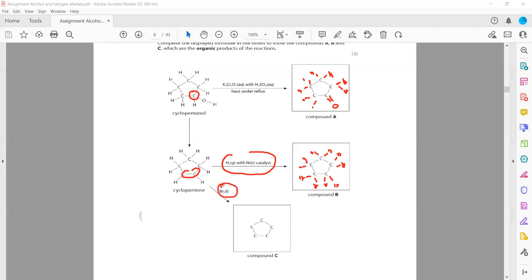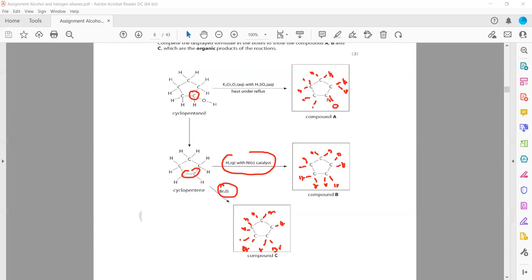Then if we add bromine, it will decolorize, and again an addition reaction will occur between the two reactants, and it will turn into the dibromo cyclic alkane. So these are the products.